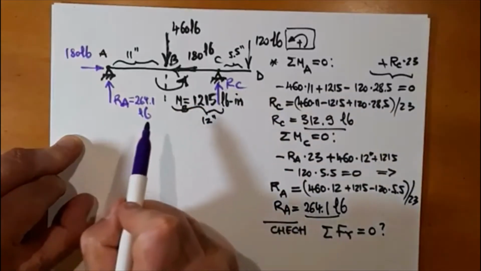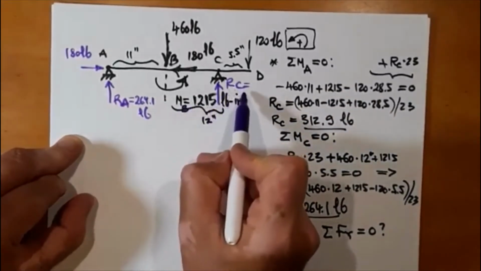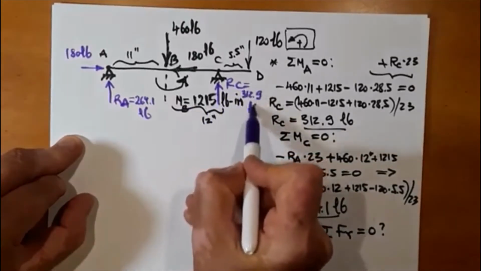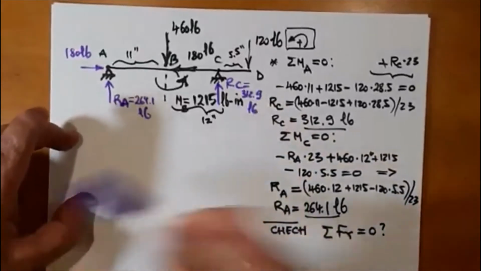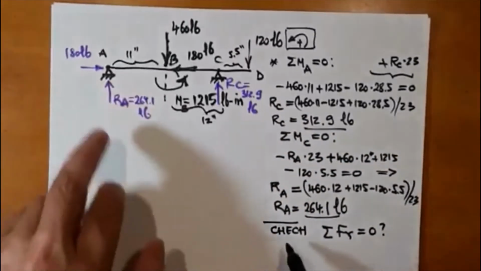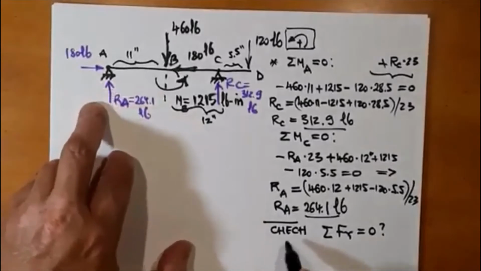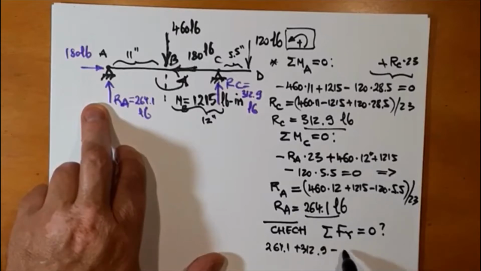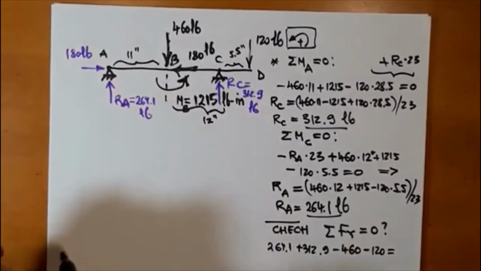RC was 312.9 pounds. And then summing, let's say positive is up, so I have 264.1 plus 312.9 minus 460 minus 120. Let's see if this is equal to 0.